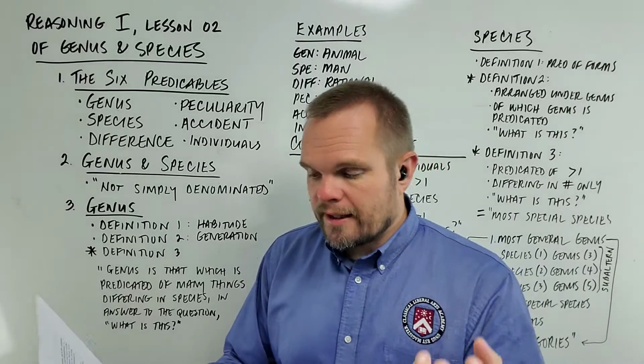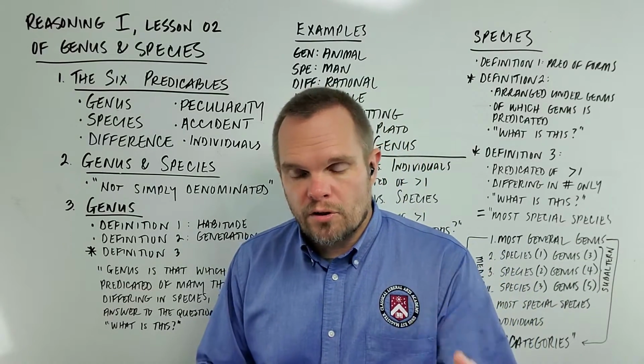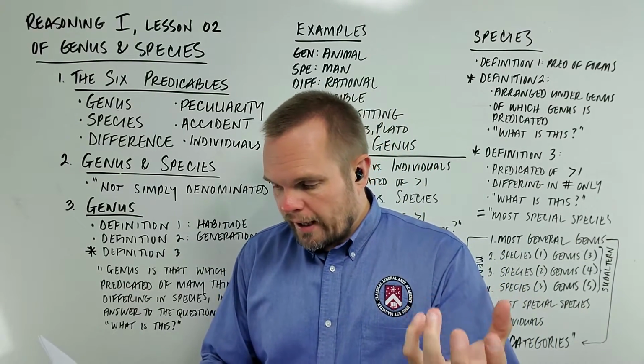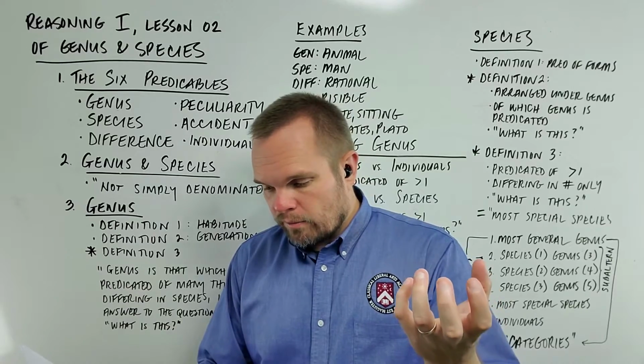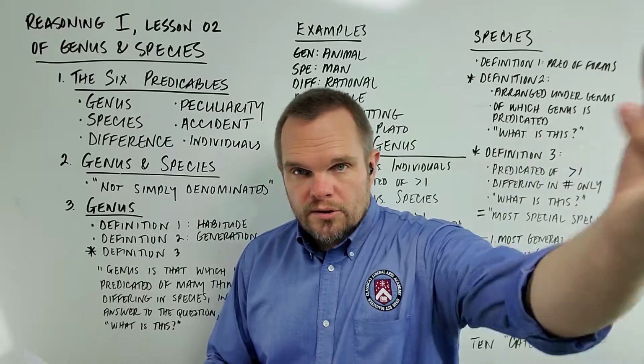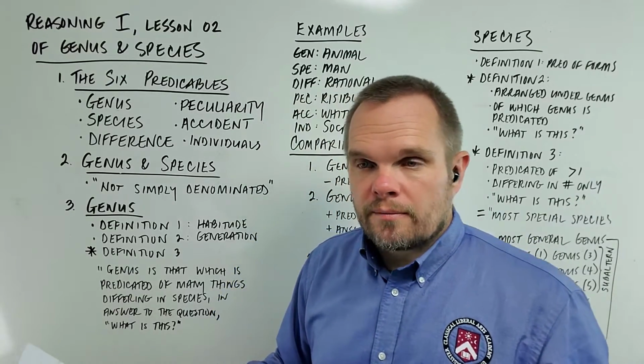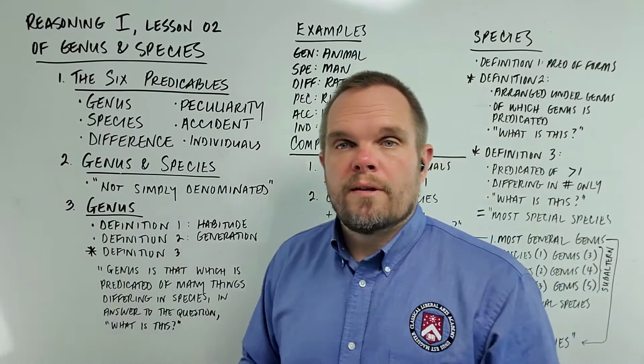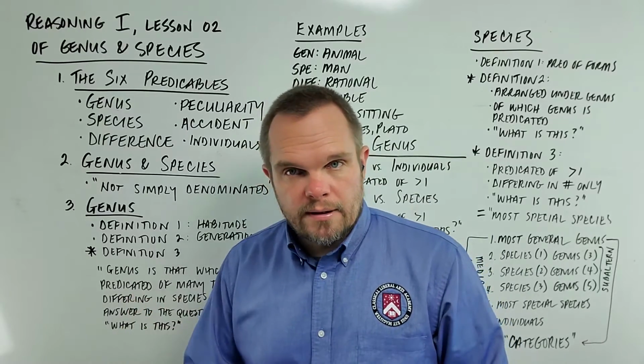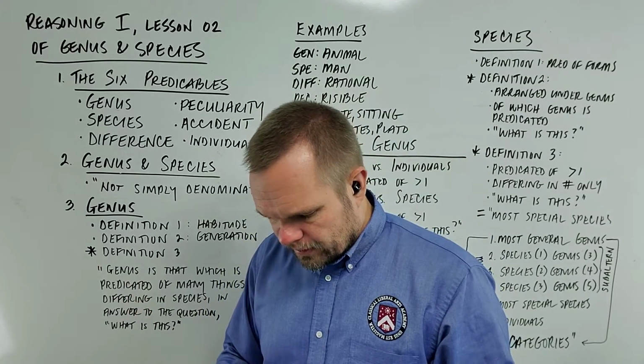A genus is a collection of certain things which have a relationship to some other thing and to each other. Okay, that's a genus, a class of things with a certain relationship. And he gives an example. Very simple.